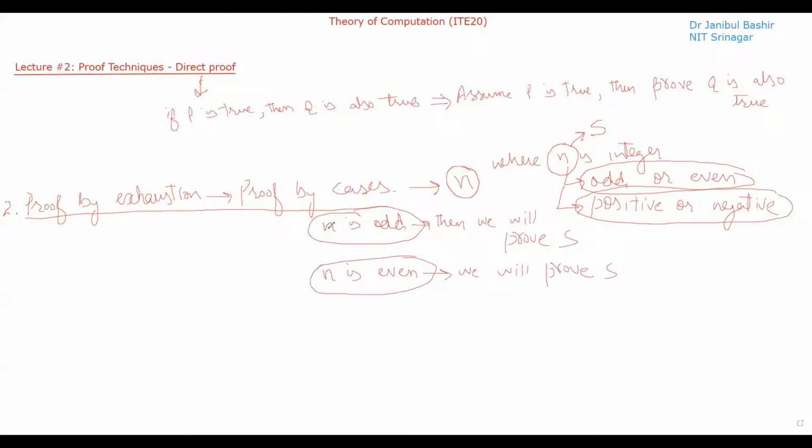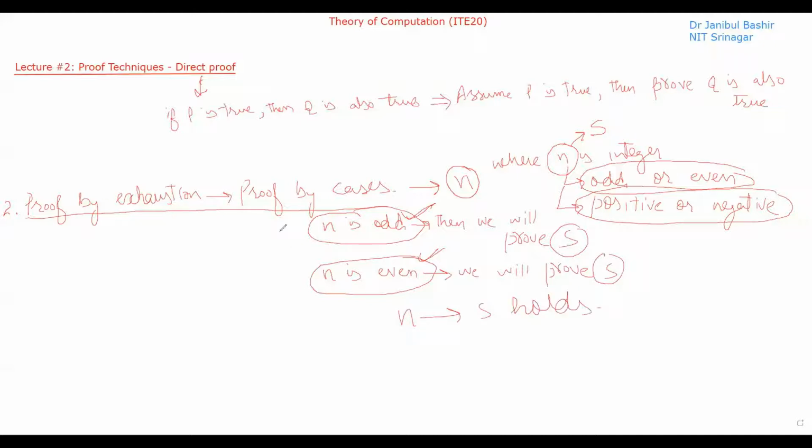Can n be anything apart from odd and even? No, it cannot be any other value. It can be either odd or even. So we have proved this statement for odd and also for even. Then we can say whatever n is, S holds for n.